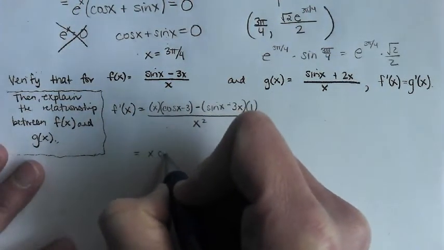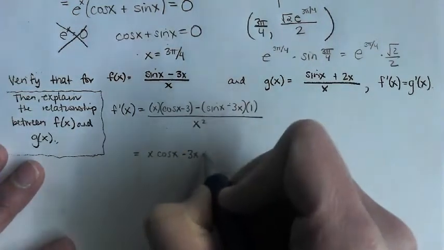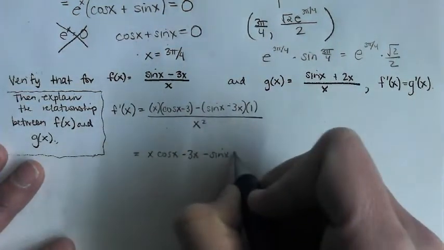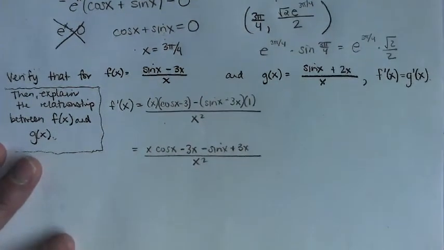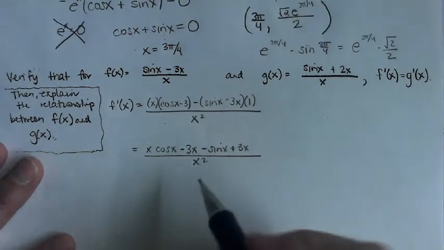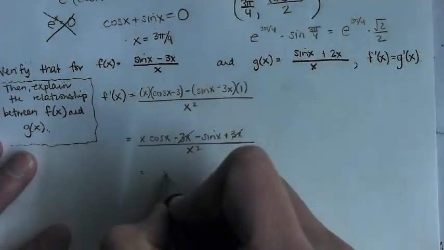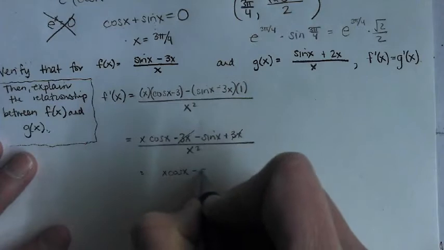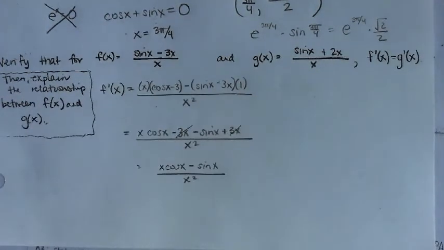We get x cosine x minus 3x minus sine x plus 3x, all over x squared. And your 3x's cancel, minus 3x plus 3x. So there's our first derivative.